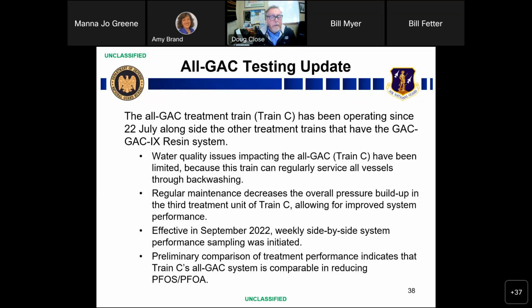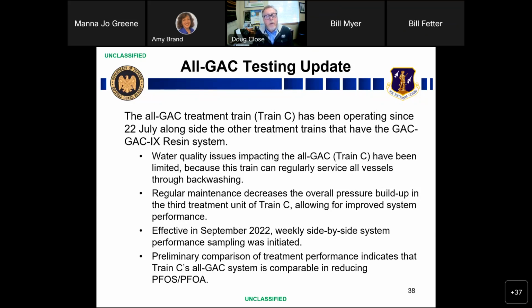Later in the run cycle, beginning in September, with our contract update, we started performing weekly side-by-side system performance sampling. That is, we are sampling the individual trains. Let's say train A has GAC and resin.